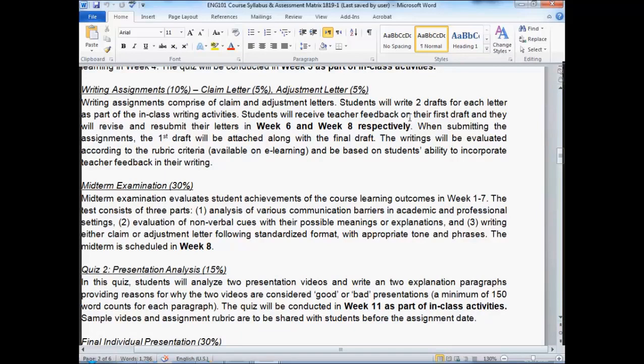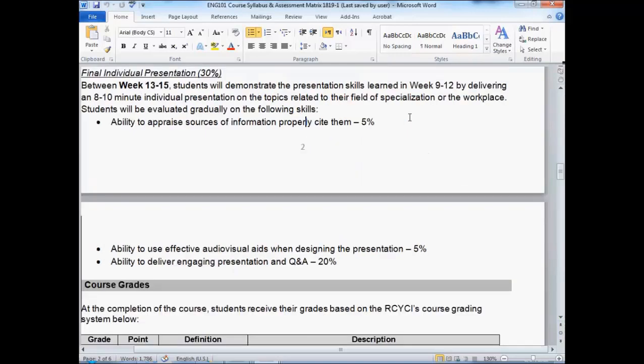We'll talk about claims letter and adjustment letter next week. You will practice in the classroom and so on. The midterm examination is week 8, quiz 2 will be week 11, and the final individual presentation is weeks 13 to 15. We'll have about 3 weeks, depending on the number of students.